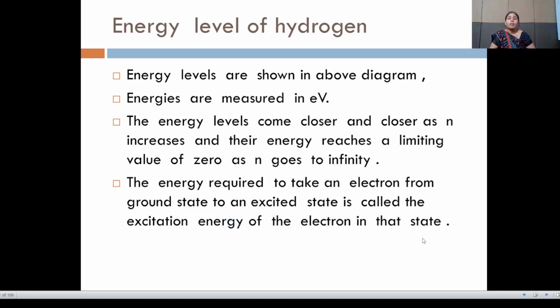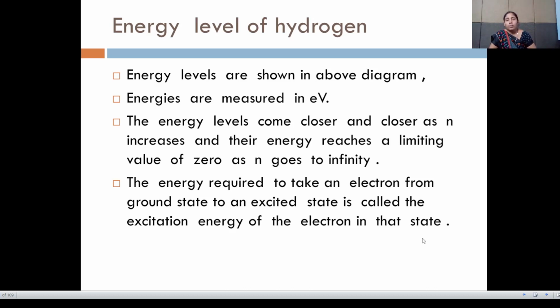Here are the energy levels for the hydrogen atom. Energy levels are shown in the above diagram. Energies are measured in electron volt, the unit in which energy is measured here. The energy levels come closer and closer as n increases, and the energy reaches a limiting value of 0 as n goes to infinity.